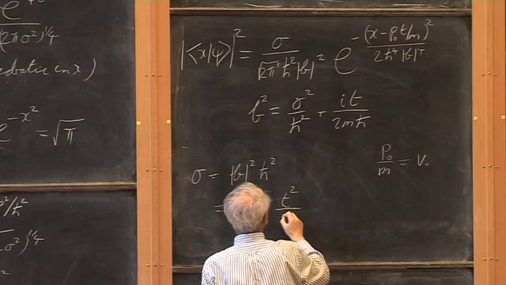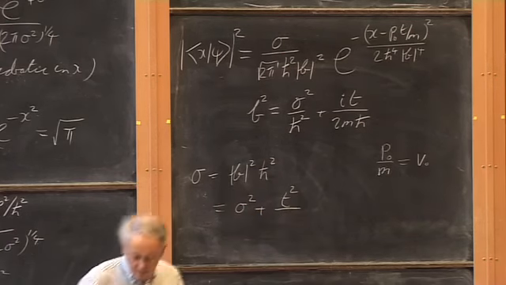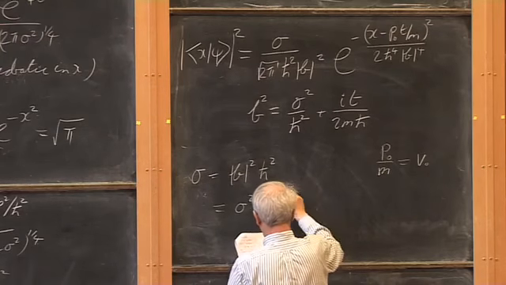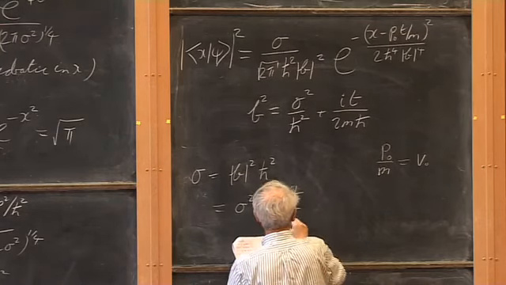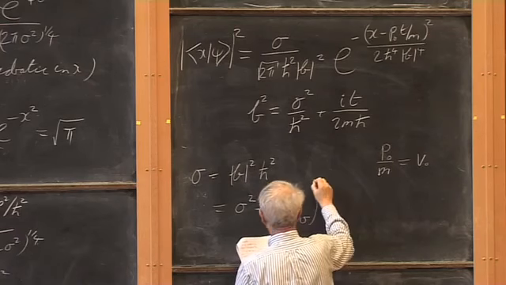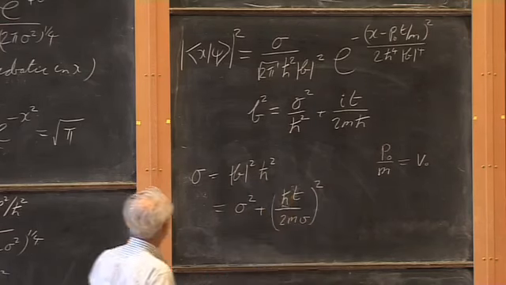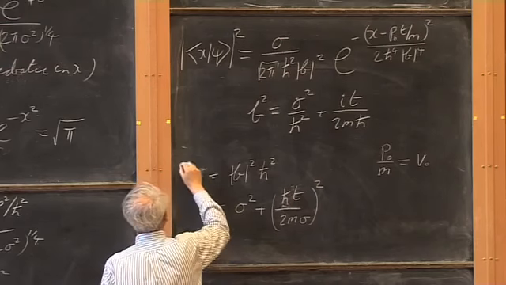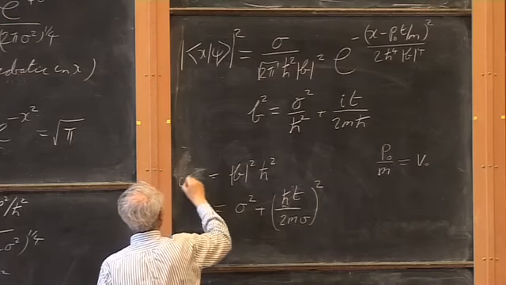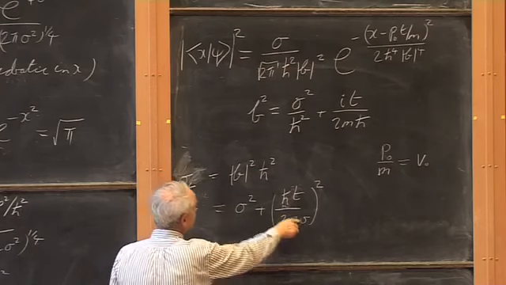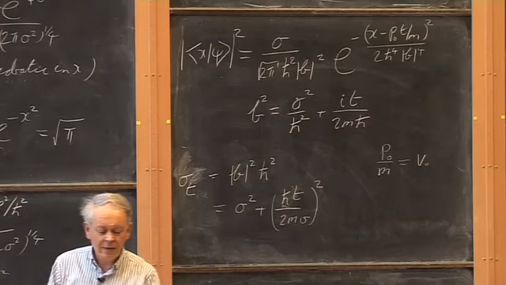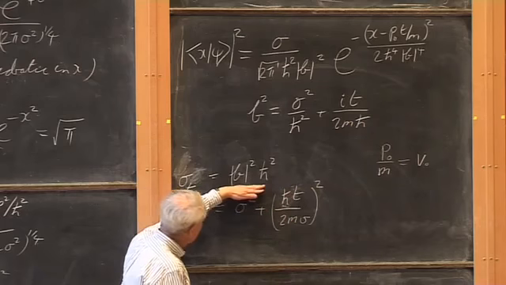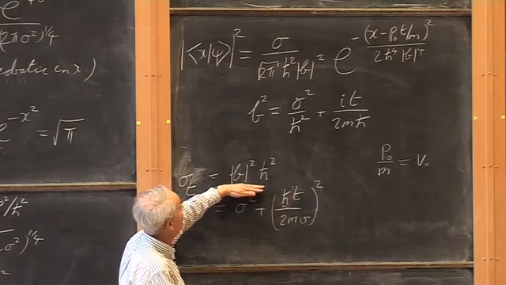I better write this down. It's too hard to do it in one's head. Plus h bar t over 2m sigma. Is it the same sigma as in the input equation? Yeah, this should be another sigma. What should we call this? Let's just call this the dispersion. We can call it sigma sub t, whereas this other sigma is the original sigma. So we've got a Gaussian distribution that has a dispersion given by this.